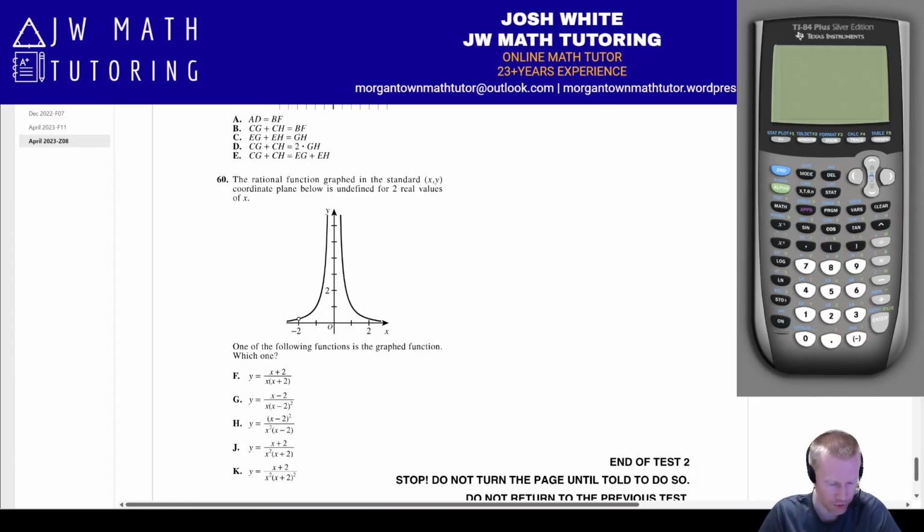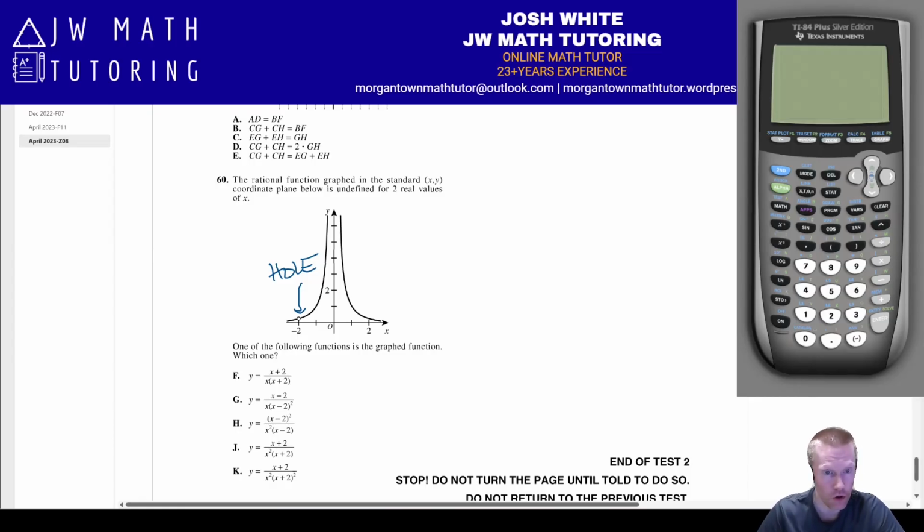So a couple things to note here. First of all, there is a hole in the graph at -2. That means there's going to be a factor that appears in both the numerator and the denominator, and it's going to have the same power in order to cancel out.